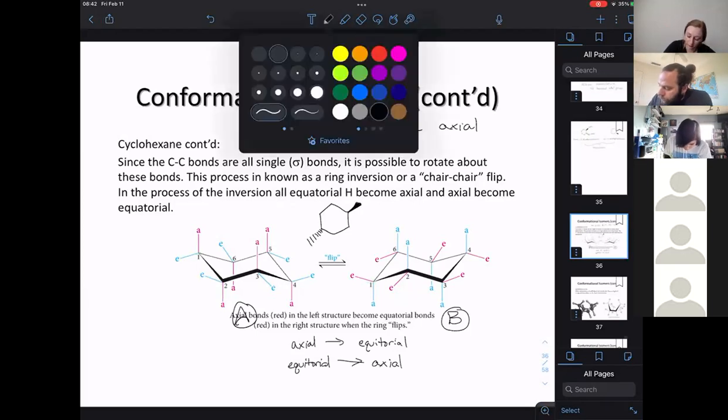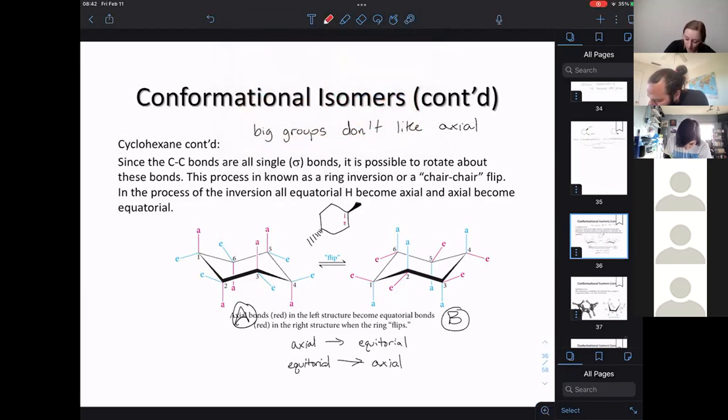So now we'll do the trans structure for 1,4-dimethylcyclohexane. So you're going to be looking at carbon 1 and carbon 4.